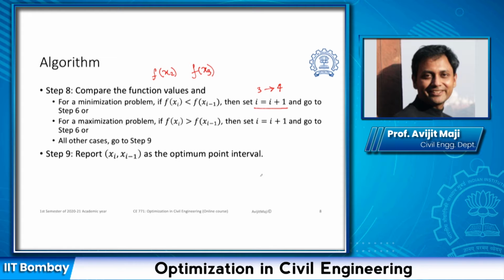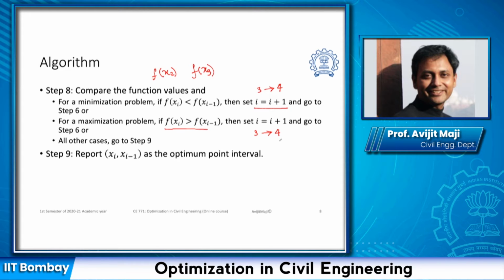If it is a maximization problem, that means at the new point our function value are expected to be increasing, and if it is so, we are again increasing our iteration number, or our I value, from 3 to 4.